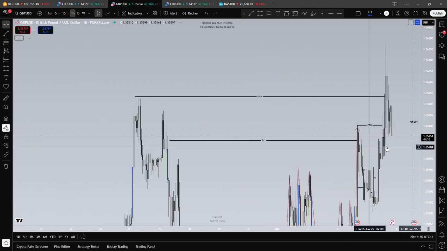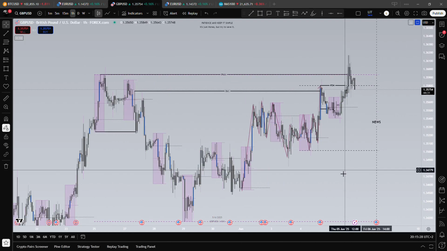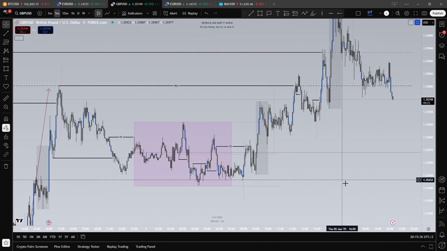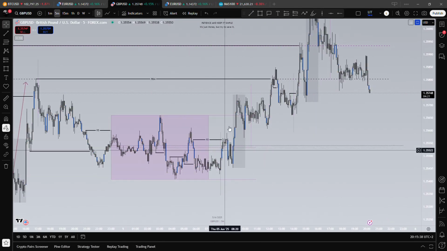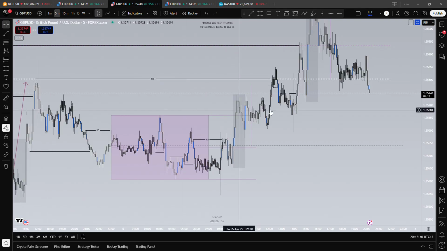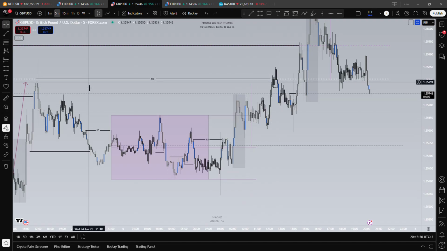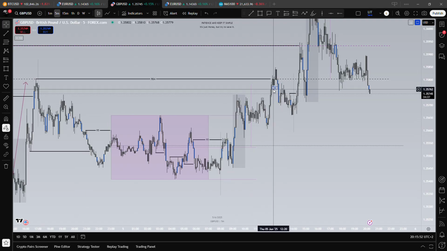Now GBP, here I was looking for sells from the beginning because for me this was the run liquidity in H1, but I didn't really like it. So I was looking for buys to take the previous daily high, but here I didn't take it because I wasn't sure. Here I was looking for sells really, but then I saw this and I expected this high to be taken.